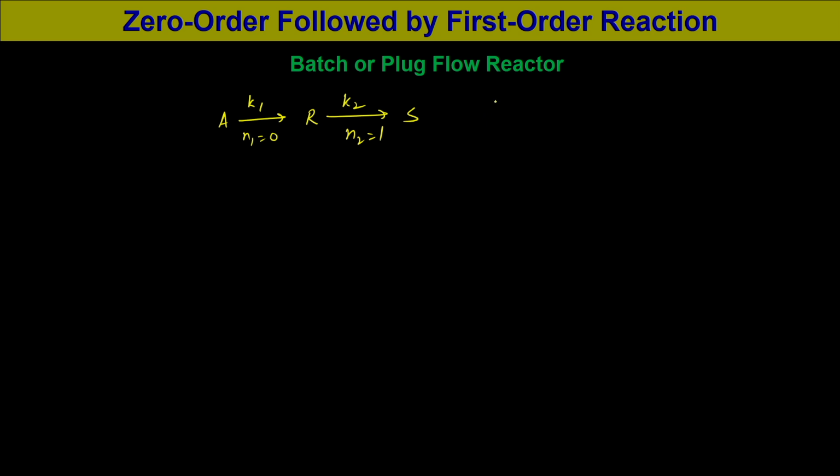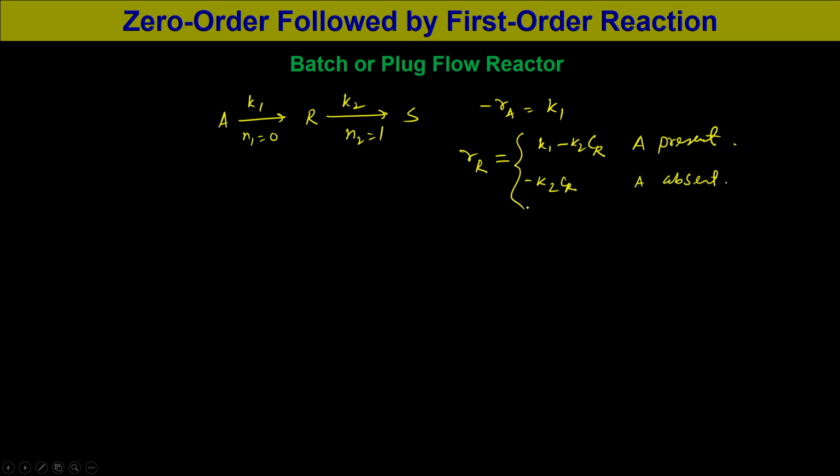So, the rate of reaction, first one is minus RA is equal to K1, and the second, formation of R, is equal to K1 minus K2 into CR when A is present, and it would be minus K2 CR when A is absent. And capital K is K2 by K1 by CA0.